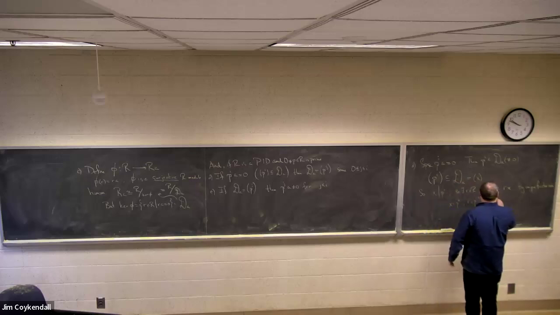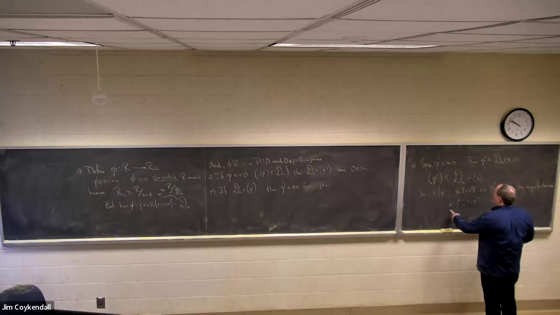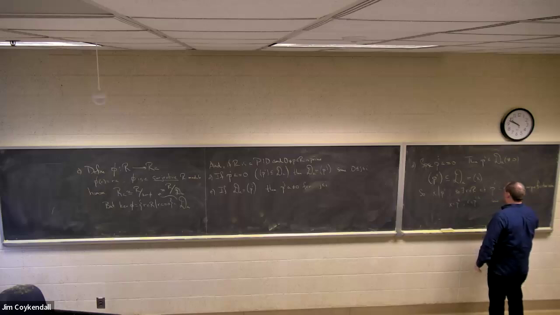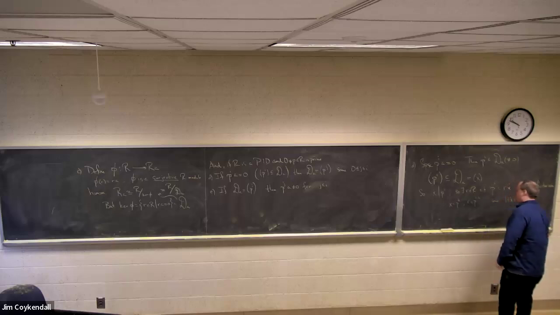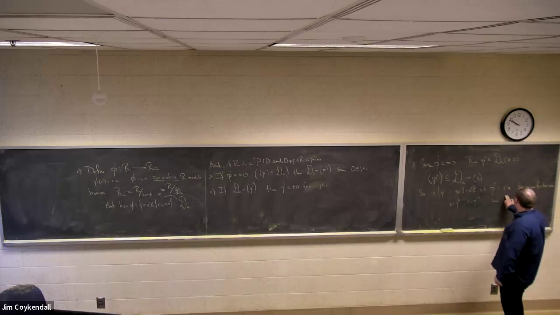For some K, I guess it has to be one. This thing could be zero because A can be zero and then it's simply annihilated.